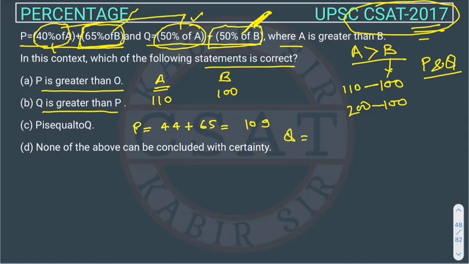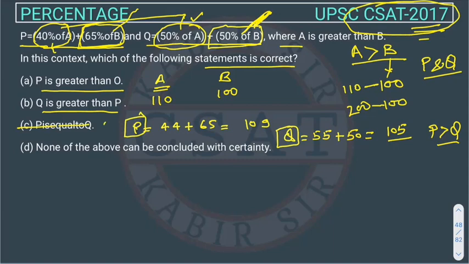Q will be 50% of A, which is 55, and 50% of B, where B is 100, which is 50. So we get 105. So in this first case, P is greater than Q. So we can cancel P is equal to Q, and we can also cancel Q is greater than P.